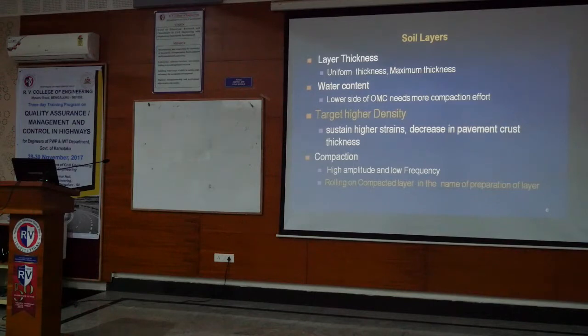But practically speaking, we don't do that. How do we do it? We spread the layer. At the most, we sprinkle the water in the evening, and tomorrow morning we come and compact.